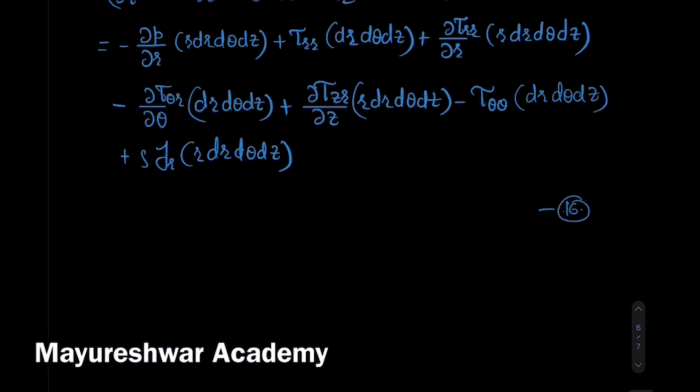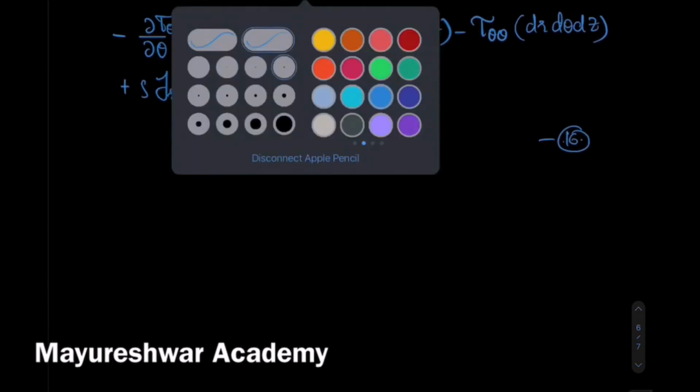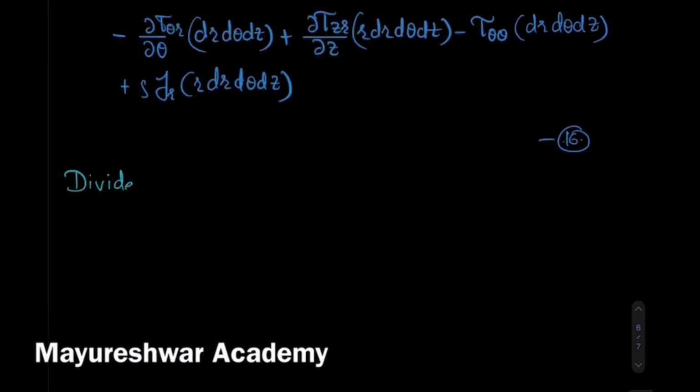Okay, so now divide throughout this equation by the volume of the differential fluid element, which is r dr d theta dz.